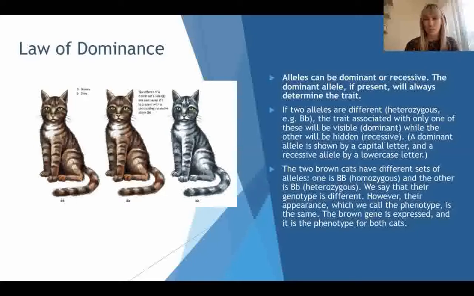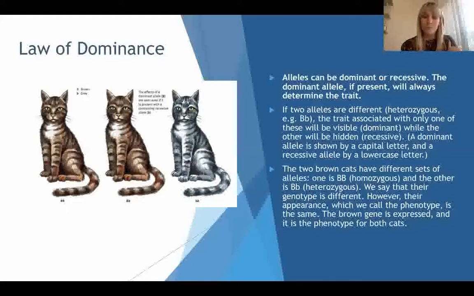So this is important. The 2 brown cats in the picture on the slide have different sets of alleles. One is BB, homozygous. The other is capital B, small b, heterozygous. And then there's small b small b, homozygous recessive.